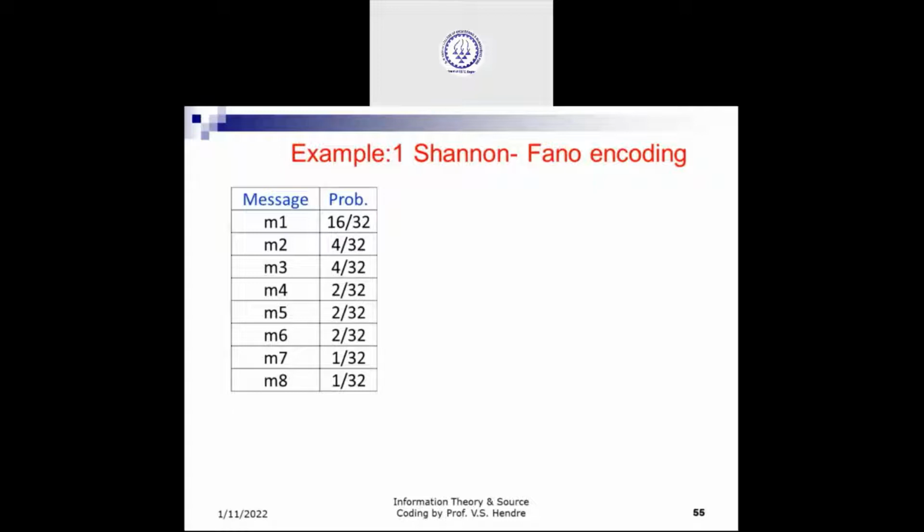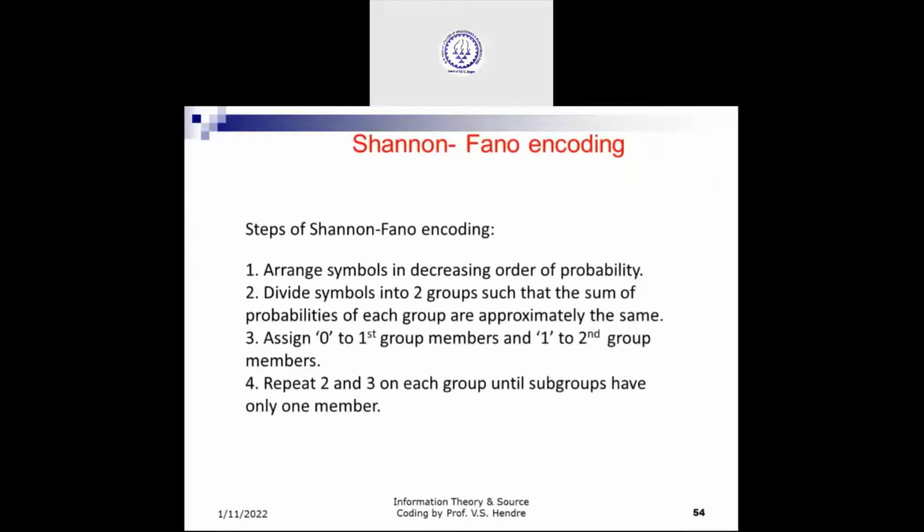But prior to that, let us see the implementation of Shannon Fano encoding as per the steps mentioned here. First step, arrange the symbols in decreasing order of probability.